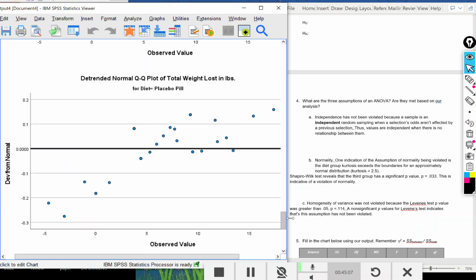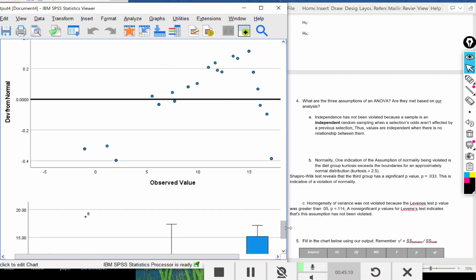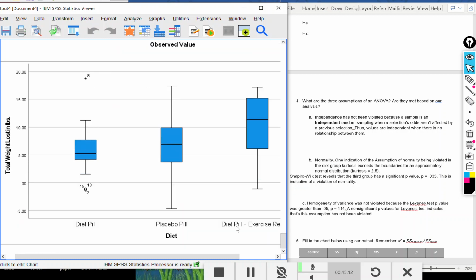This right here, we're not really going to go into the trend lines, but we will look at this, and we see that the diet pill, and that might be the reason why kurtosis is so high, is we have these outliers. These little circles here represent outliers. And I think it's participant 15 and participant 19 and participant 2 that has these outliers.